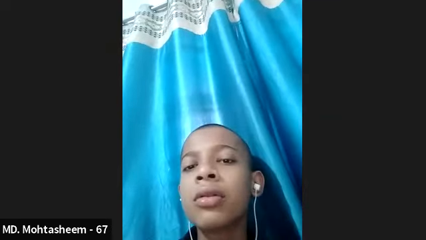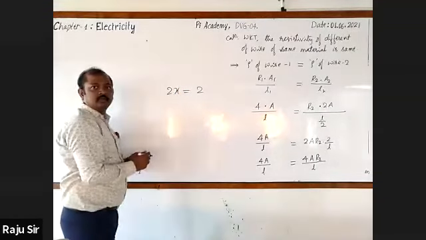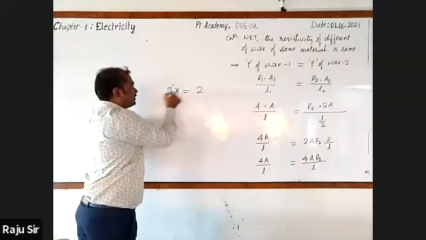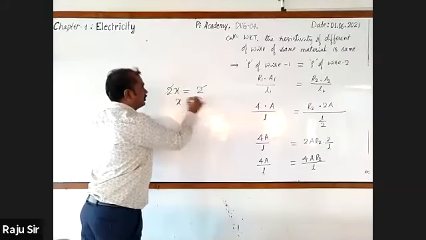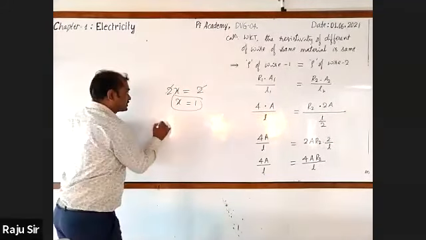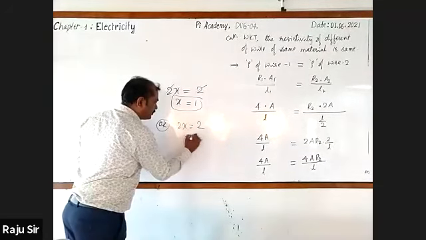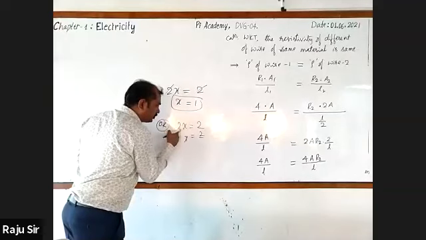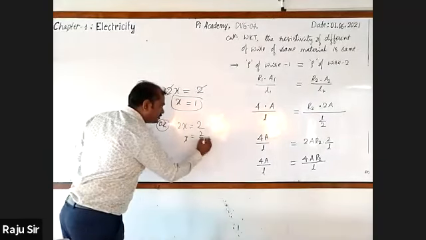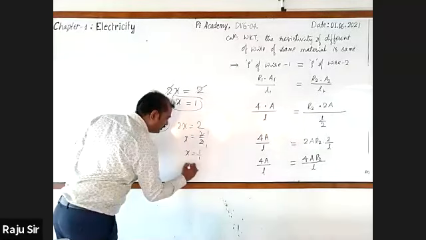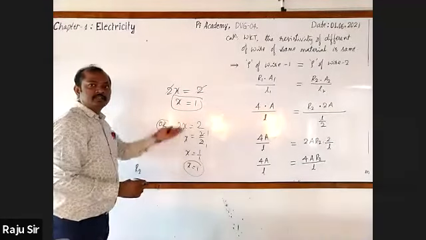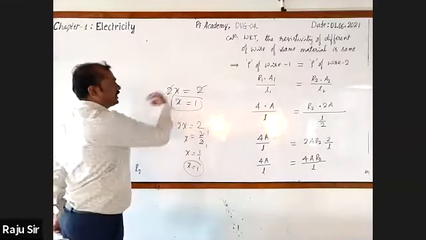You can cancel, sir. Wait. See how simple it is. If suppose 2x equal to 2 is there, you may cancel directly like this. 2 ones are 2, ones are x equal to 1. Or else, the 6th standard method: 2x equal to 2, transpose this 2 to the denominator, then 2 ones are 2, ones are x equal to 1 by 1, x equal to 1. Instead of going for these many steps, you can cancel here directly.